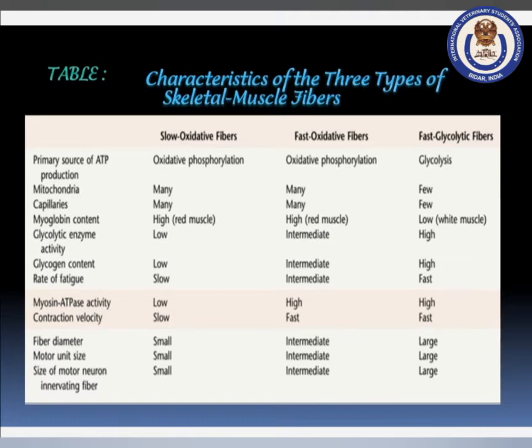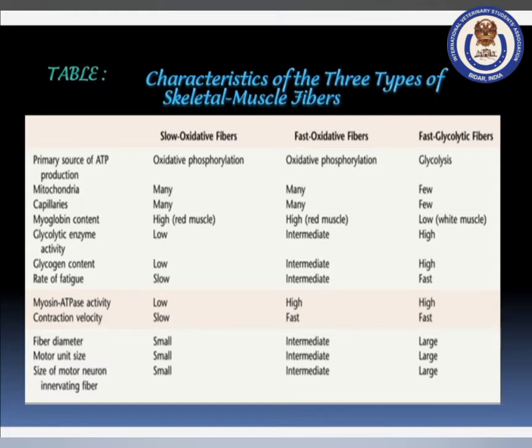Rate of fatigue is low in the slow oxidative fibers, intermediate in the fast oxidative fibers, and fast in the fast glycolytic fibers. Myosin ATPase activity is low in the slow oxidative fibers, and high in the fast oxidative and fast glycolytic fibers. Contraction velocity is low in the slow oxidative fibers, and fast in the fast oxidative and fast glycolytic fibers.